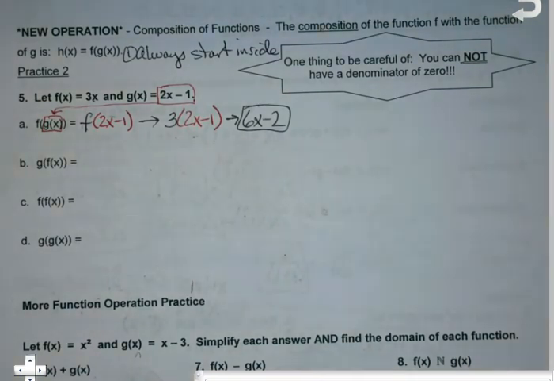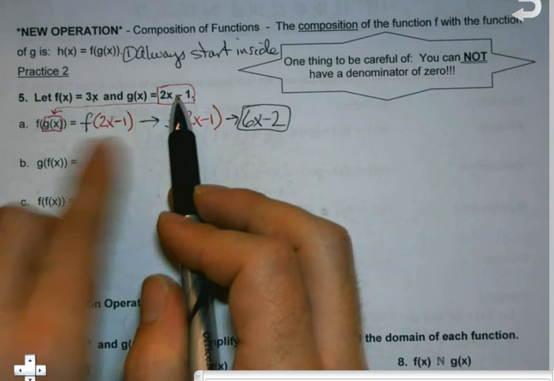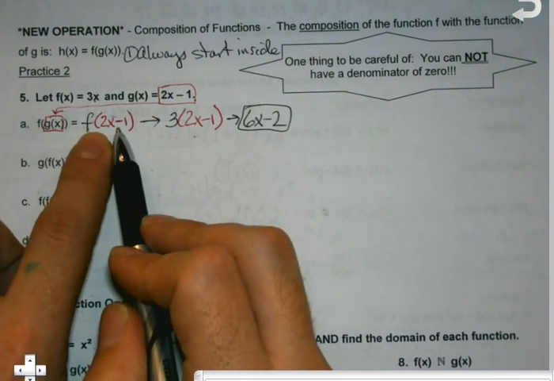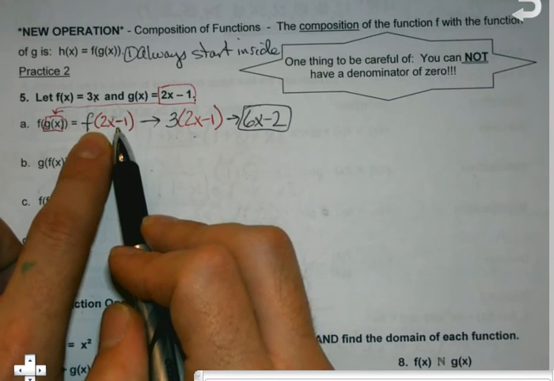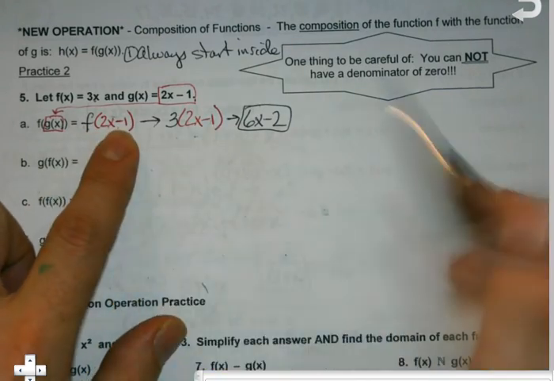How's this work? Let me try doing it a little bit off here to the side so you can see how this works. I guess I'll ask this first. Are we okay seeing how this turned from f of g of x into f of 2x minus 1? If we're lost there, we got a whole different issue. Okay? So to get from here to here, let's think about it for a minute.